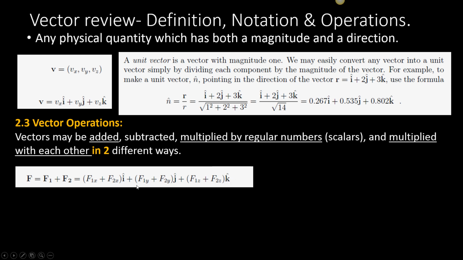The same thing can be done for vector 2, and then we can collect together the x components, in other words the ones that have in common i with a hat on top, and that's given by this formula here, that the i component will be F1x plus F2x in the i direction, and similar vector components in the j and k directions.